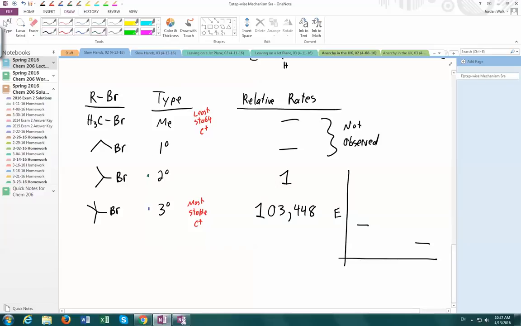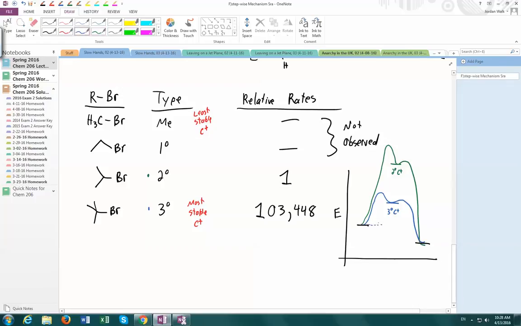Tertiary is blue, and secondary is green. And so we know that a blue tertiary carbocation is going to be way more stable. So we'll find him about there. And so then for our secondary carbocation, which is going to be way less stable, you can see that there's a pretty significant difference in those rate determining steps.